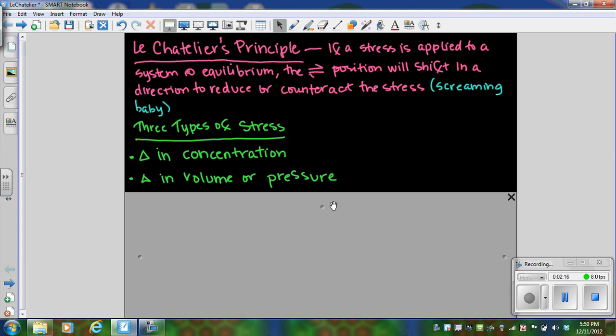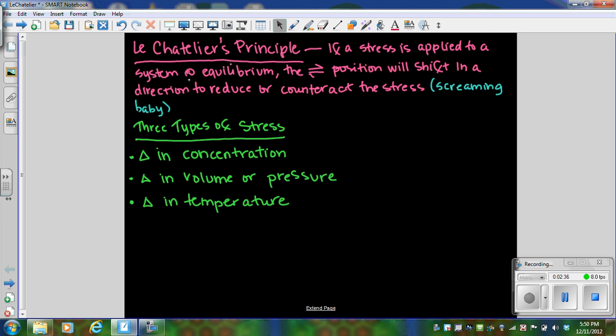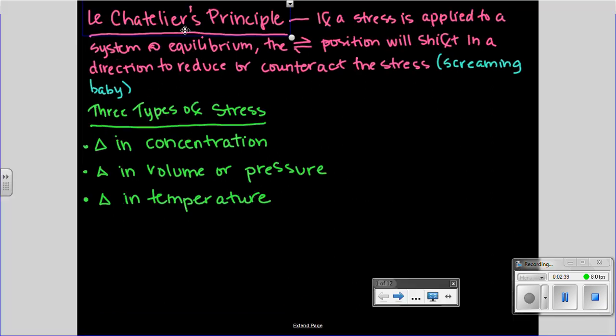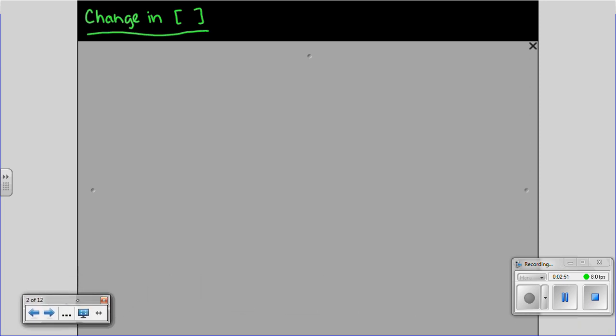Typically, the way this is going to be worded is giving you a change in volume of the container, and then you're going to have to think to determine what the change in pressure would be. And then the third type of stress is going to be a change in temperature. So these are the 3 major types of stresses, and we're looking at which direction the reaction is going to shift to counteract those stresses.